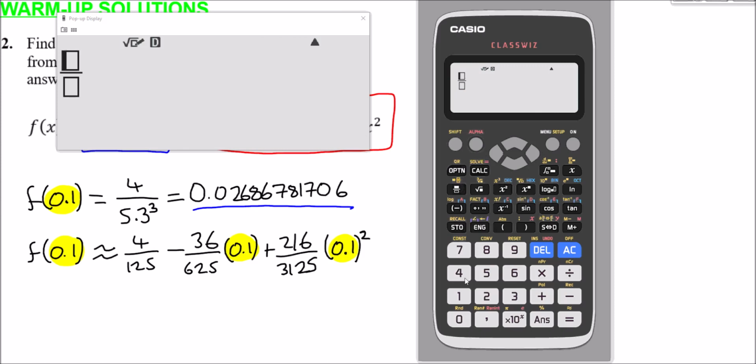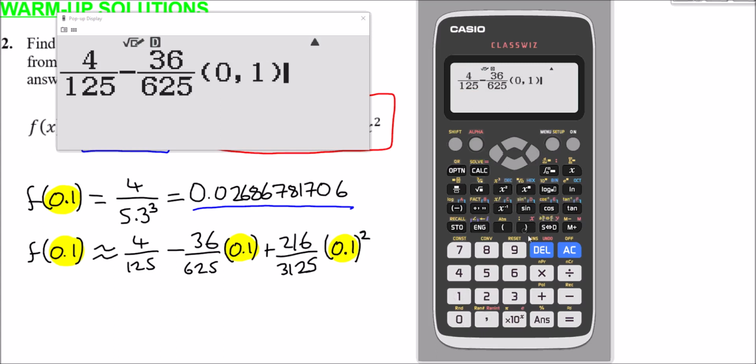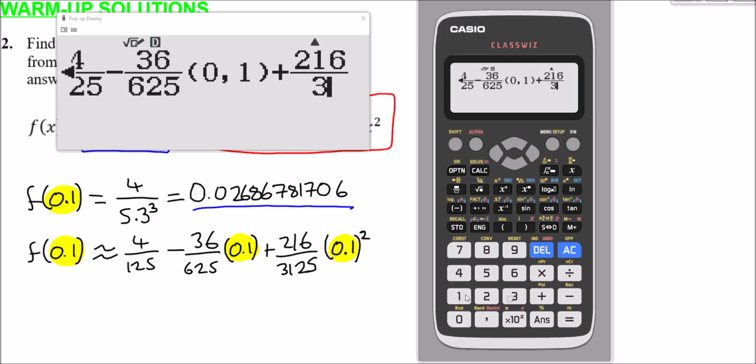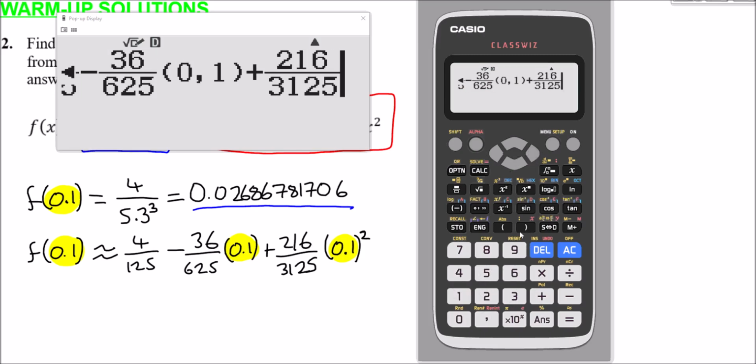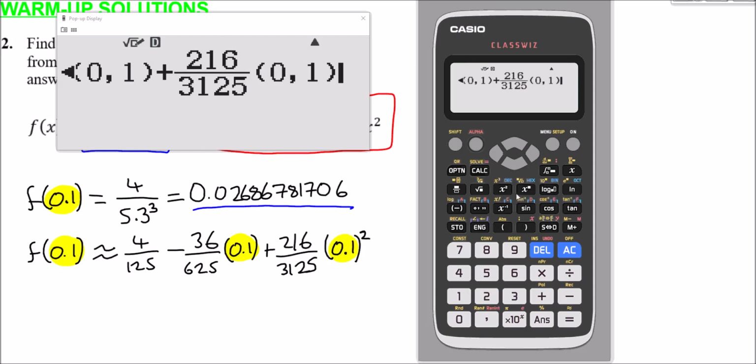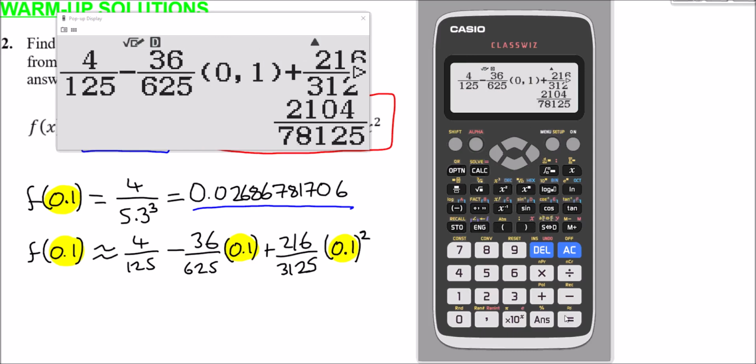We're going to have 4 over 125 to begin with, then minus 36 over 625 lots of 0.1, then plus 216 over 3125 lots of 0.1 squared. And if we hit equals, we get this value here, 0.0269312.